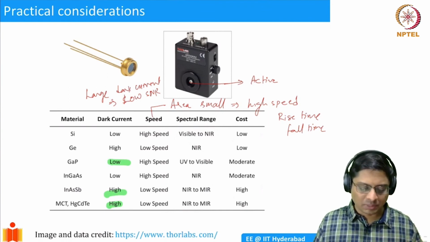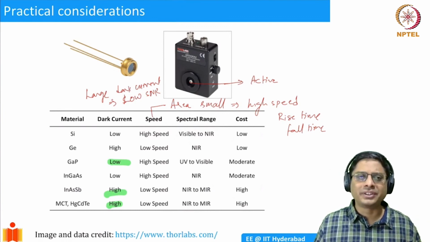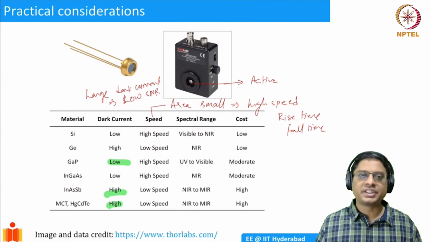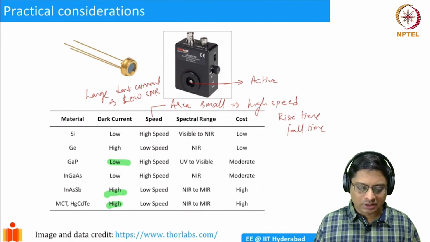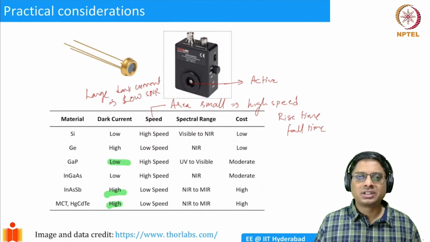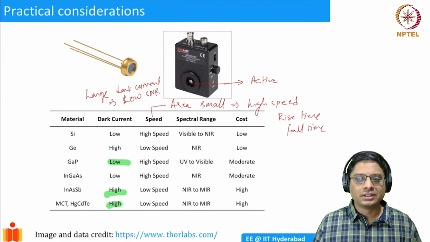If you increase your optical power, it's going to have more noise. So there's something called noise equivalent power. You can calculate a whole range of parameters, and you can choose which detectors to use based on those parameters. All right. So I hope I have given you a glimpse of photodetectors with these lectures. So I'll stop my discussion here.